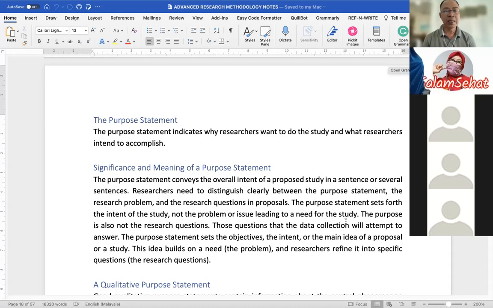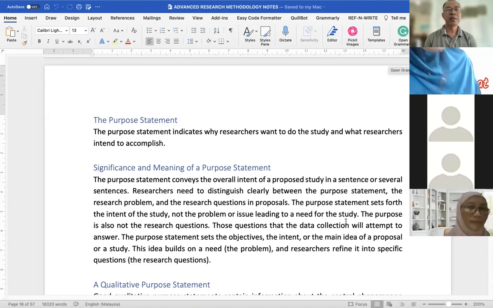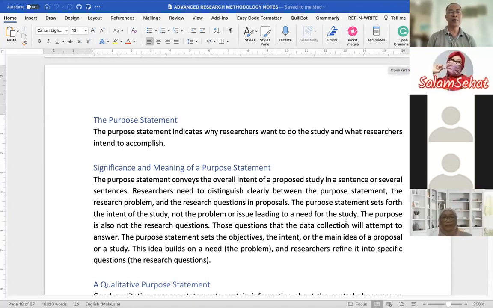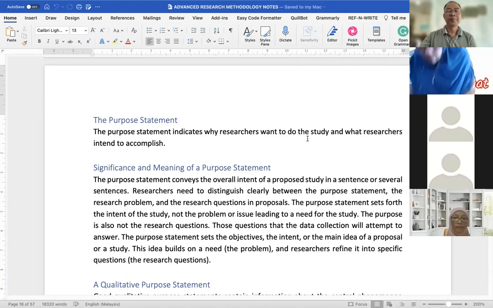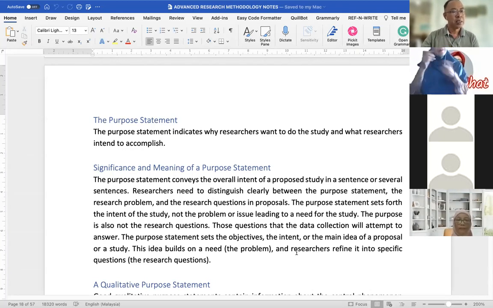The purpose or the objective is not the research questions. Research questions are stated in the form of questions, and the purpose or the objective is written as a statement. However, in practice, if we have 5 research questions, we would have 5 research purposes.